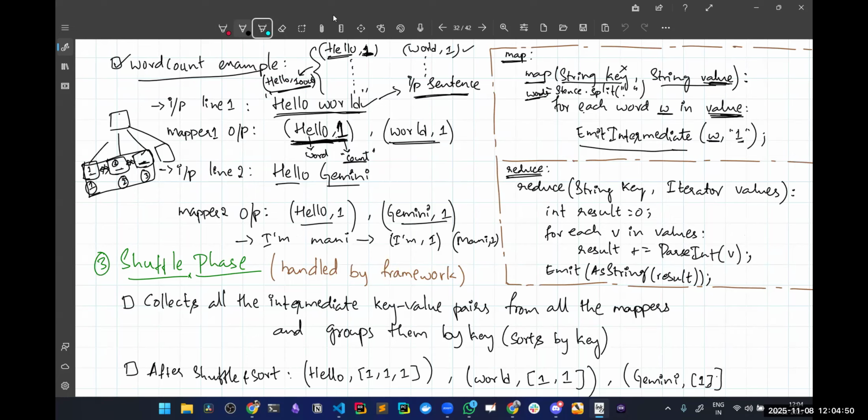What happens after map is very interesting, right? Since we have been calculating all of this once, we have data distributed across multiple machines on nodes.